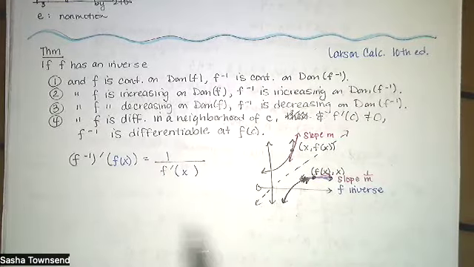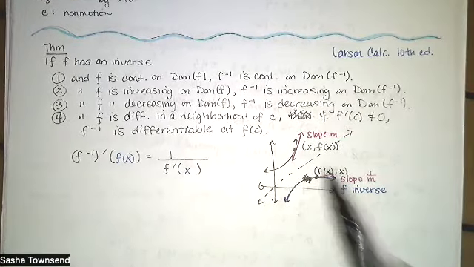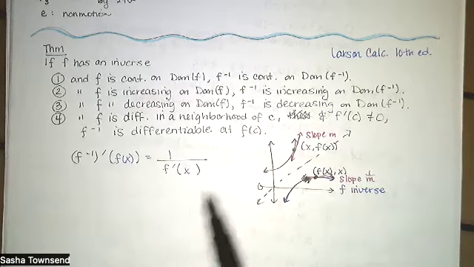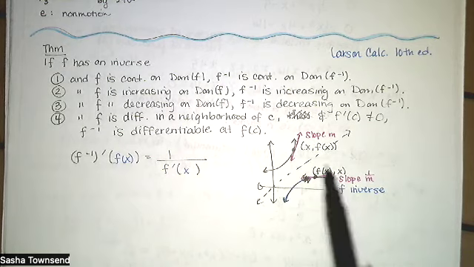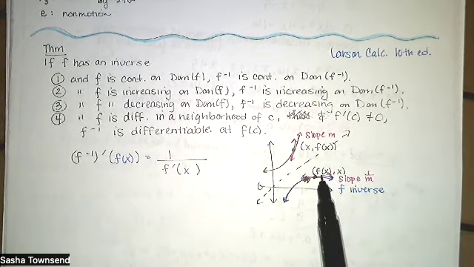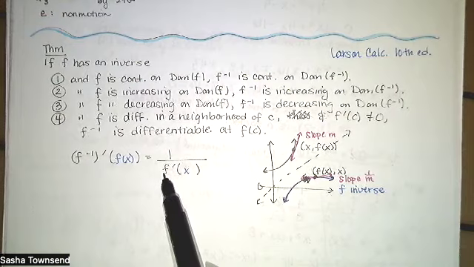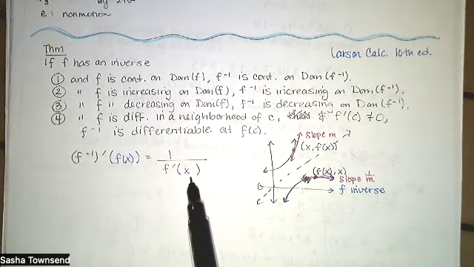But you have to be careful. You switch the roles of x and y. So the derivative of f inverse at its x value, which is the y value for the original function, is 1 over the slope of the original function at the corresponding x value.